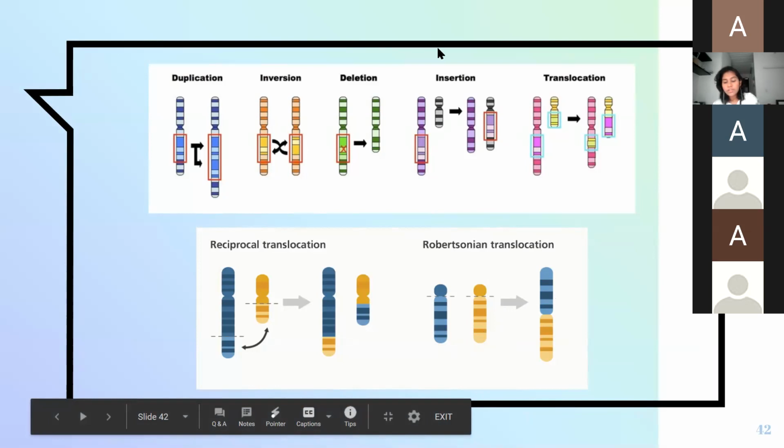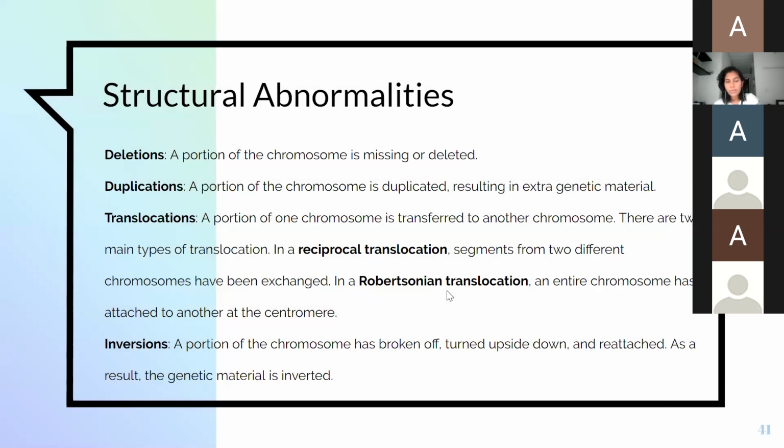These do have clinical consequences in the case of Down syndrome. A few cases of Down syndrome happen because of Robertsonian translocation between chromosome 14 and chromosome 21.